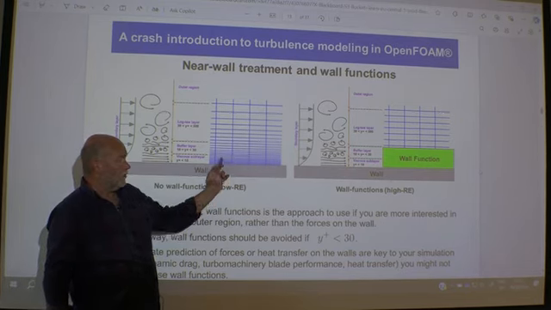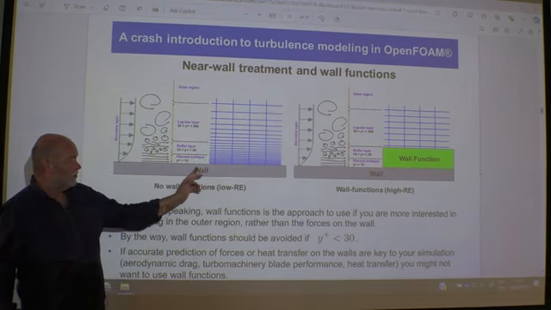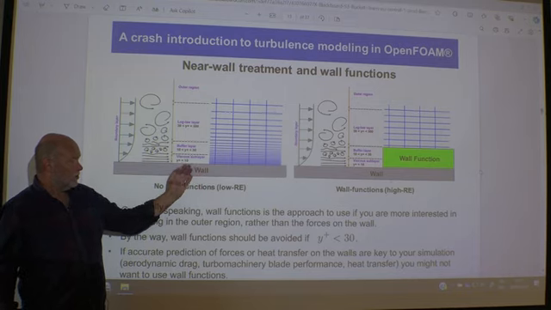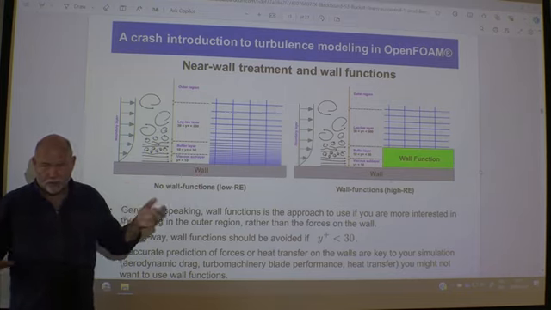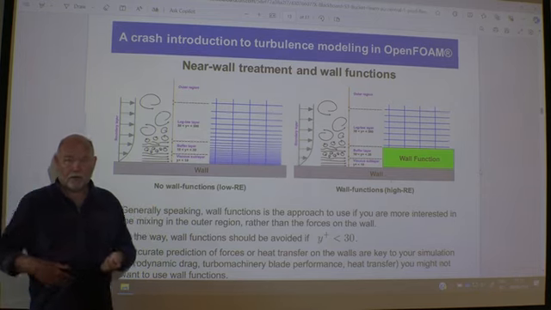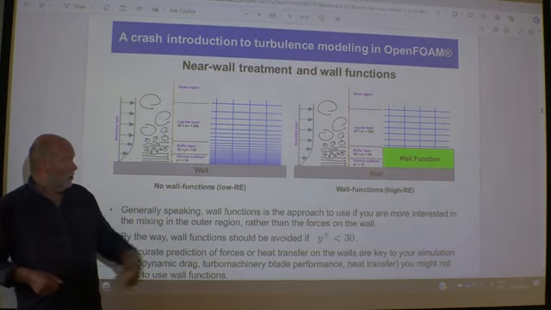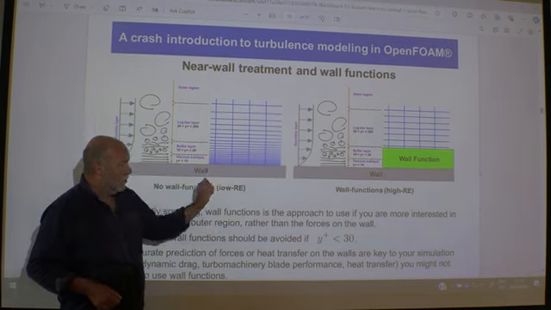Then you resolve the boundary layer, and you can have a natural boundary condition for the velocity and also natural boundary conditions for the different turbulent quantities. You have to specify also boundary conditions for k, omega, epsilon, depending on your model. So here you have resolved it.